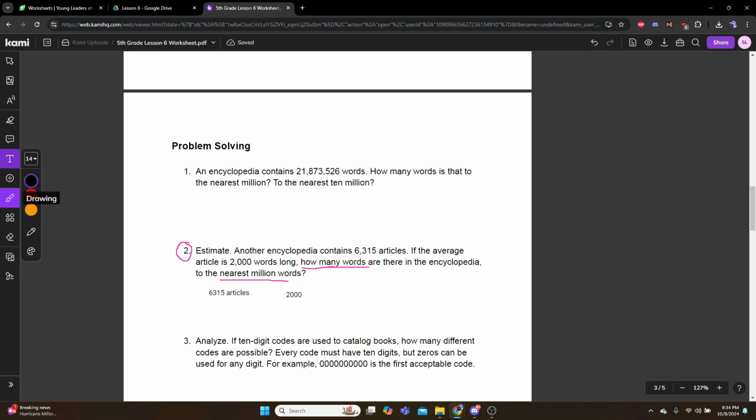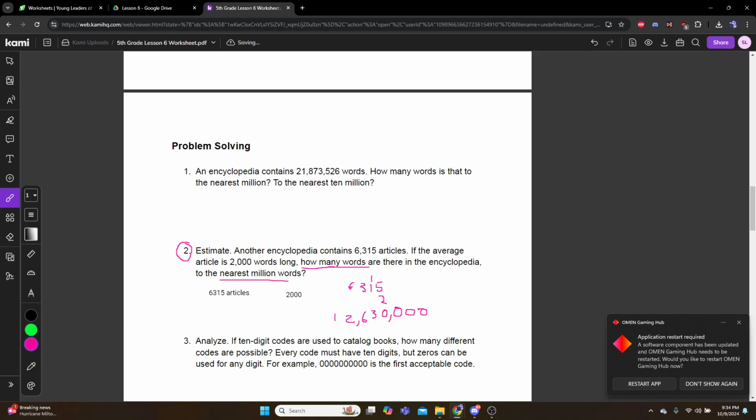We could essentially do this by, since we know that 2,000 has 3 zeros here, we could multiply 6,315 by 2 and then add the zeros after. So we could solve 6,315 times 2, which is 12,630, and then we add the 3 zeros that we didn't add onto here. Okay, so we got 12,630,000 words.